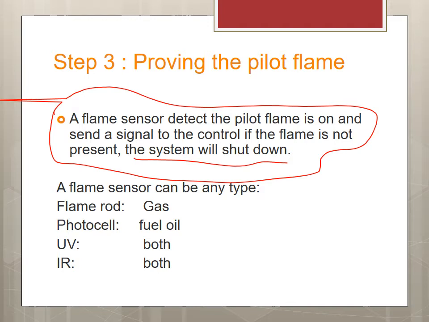Flame rods usually go with gas, photocells with fuel oil, and both IR and UV can be used for oil or gas. That's because they react to the different colors of flame light, and they call it optical.